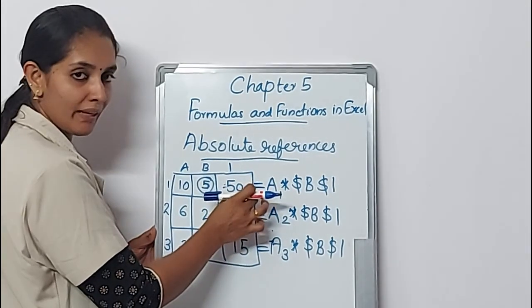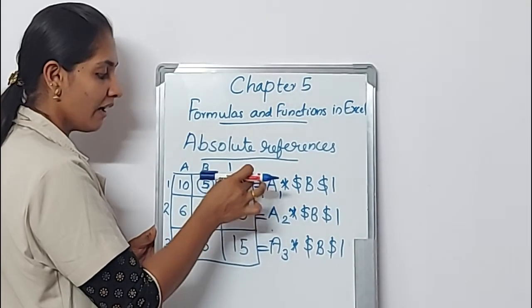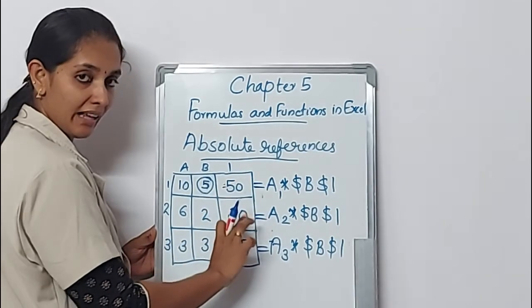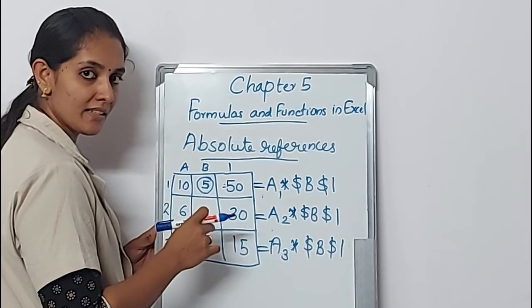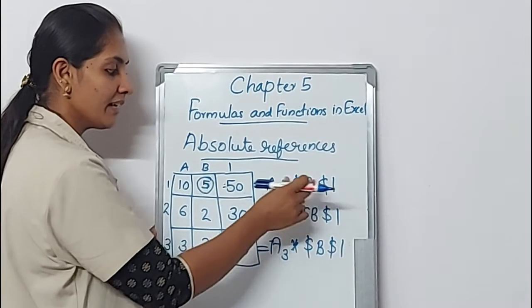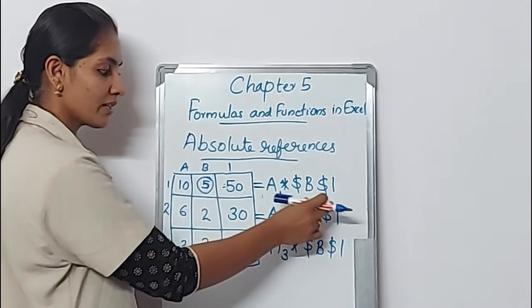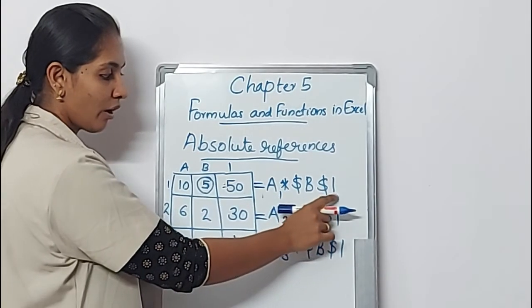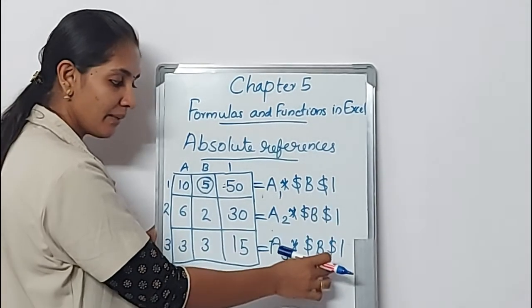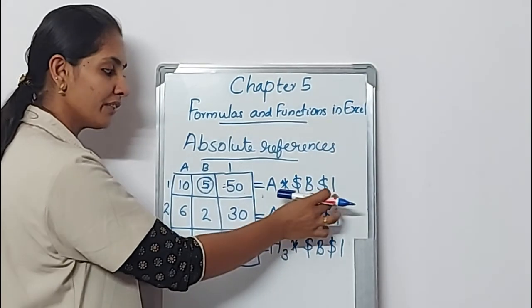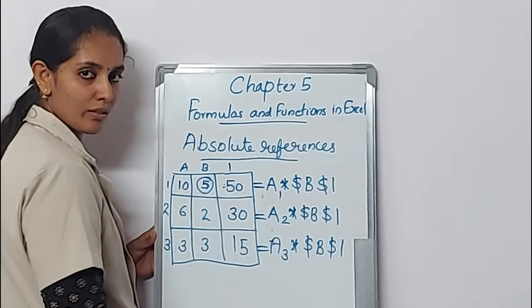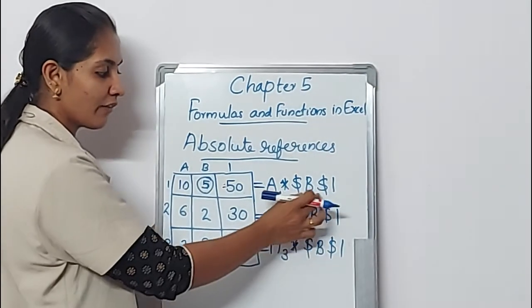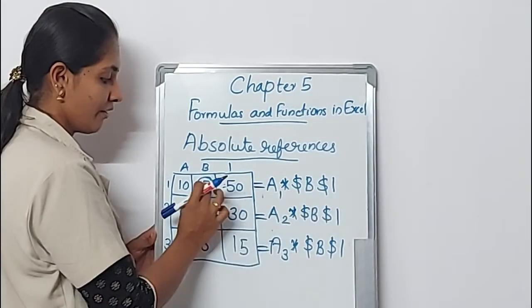So when we copy a formula from one cell to another cell with an absolute reference, the value of the cell address remains constant in all these formulas. So $B$1 remains the same in all formulas, and the value of this cell address also remains constant. Here what will be the value? That is 5.